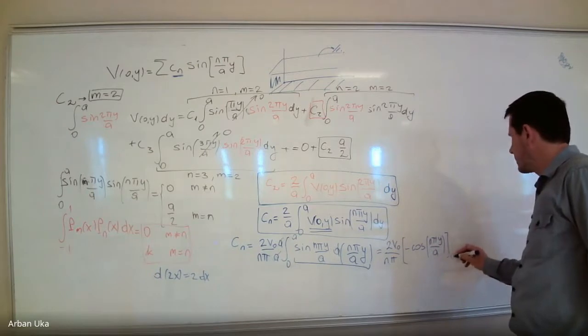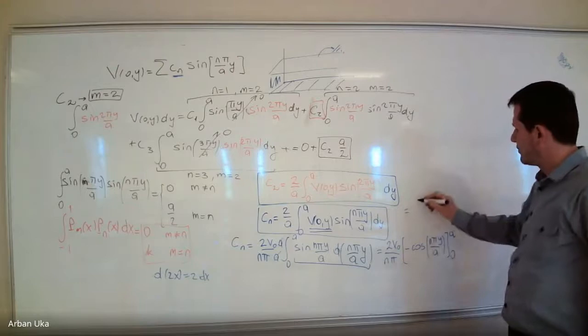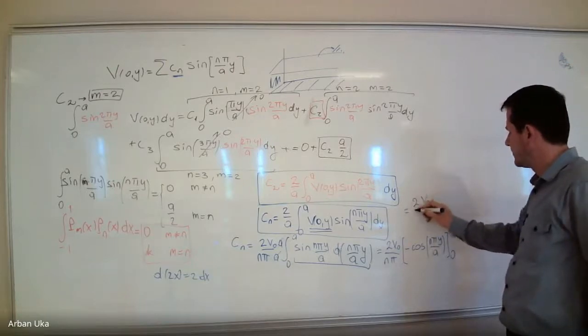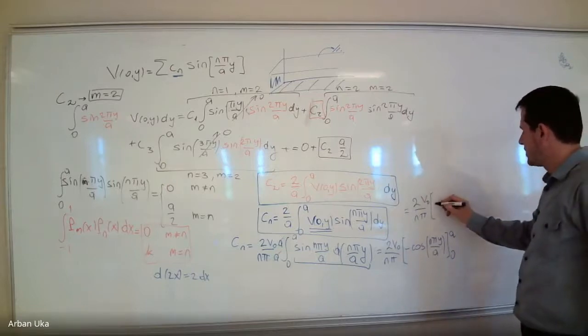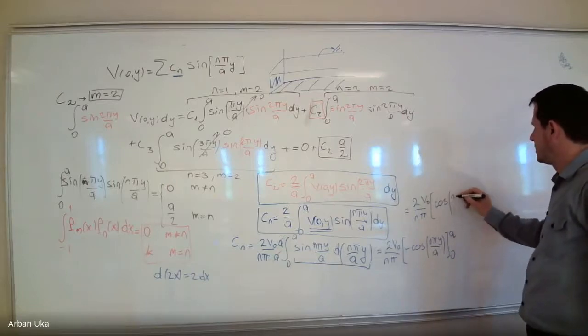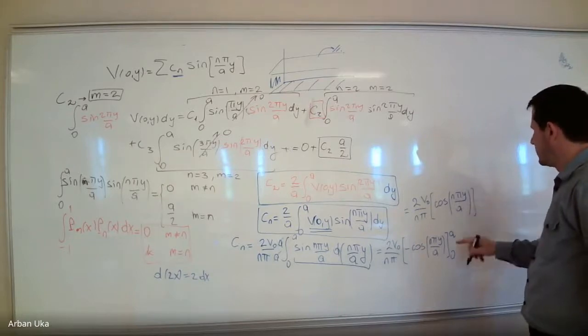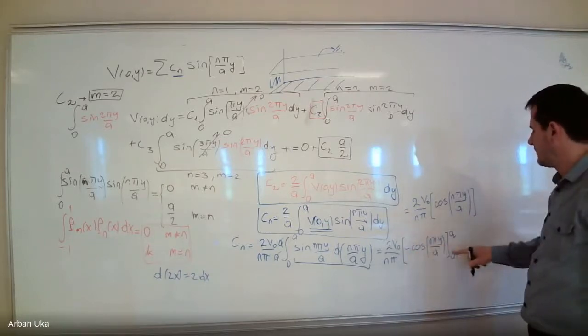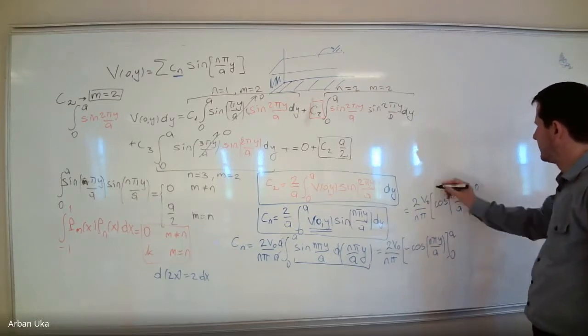The limits of the integral are from 0 to a. Similarly, I'm moving upward. This is 2v0 divided by n pi. We can write this one as cosine n pi y over a. We remove the negative sign by changing the limits. So this is from a to 0.